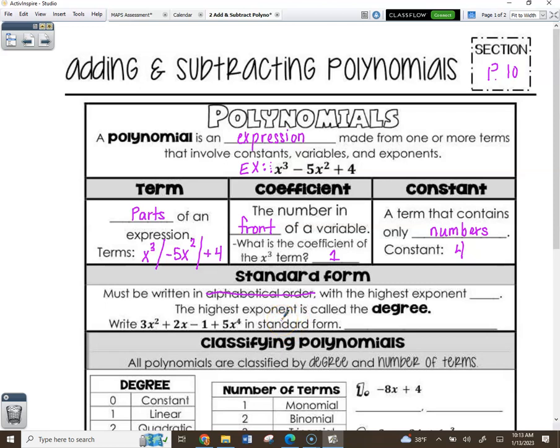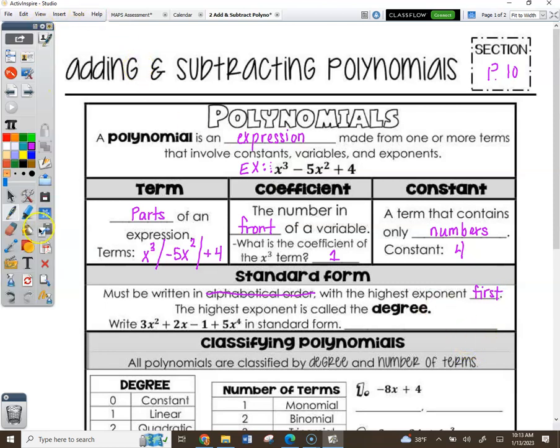What really matters is it's the exponents. The highest exponent needs to go first. And then it's going to count down. By the way, if you have a highlighter, this is another very important vocab word. The highest exponent is always called the degree.